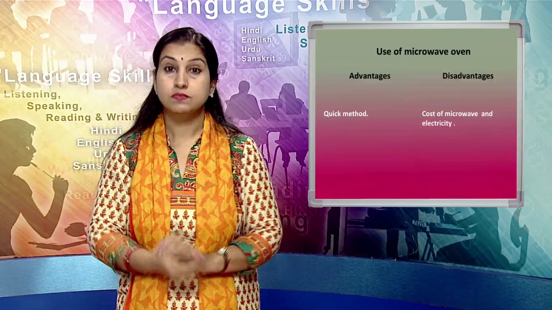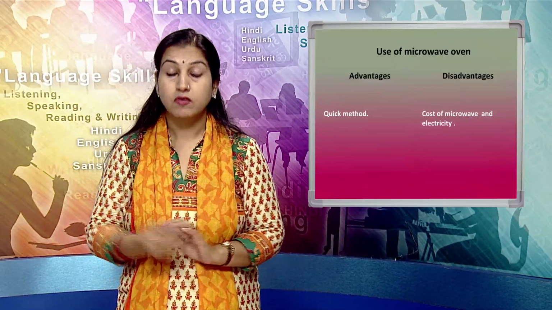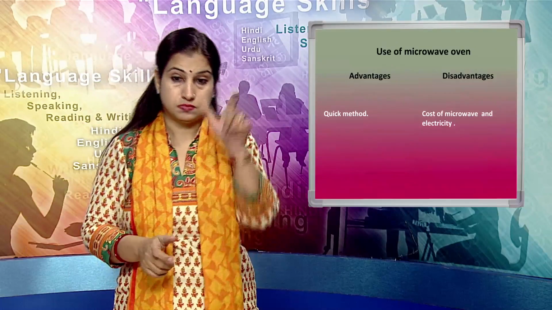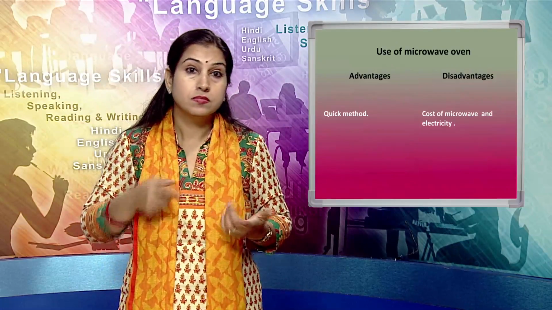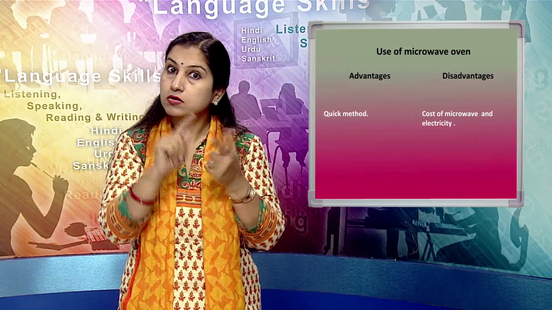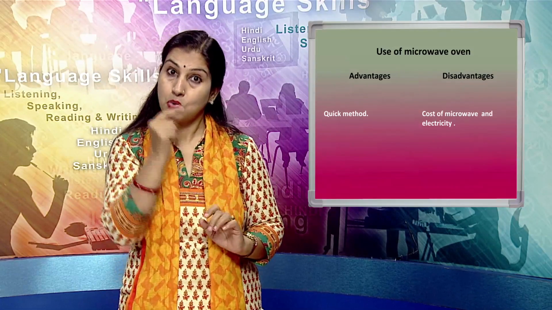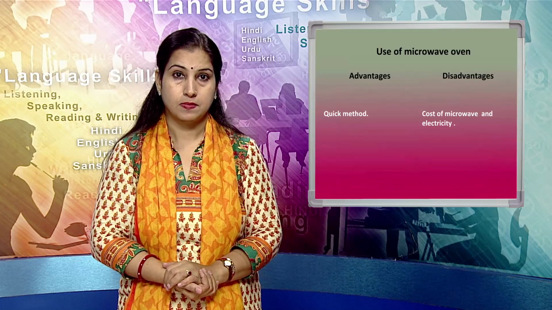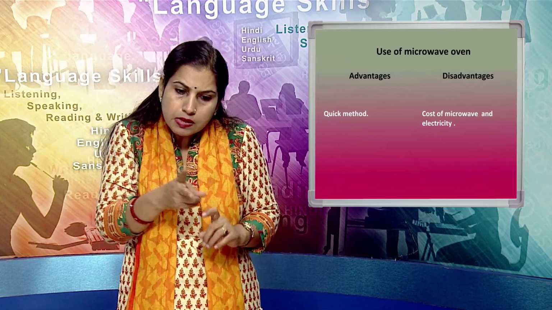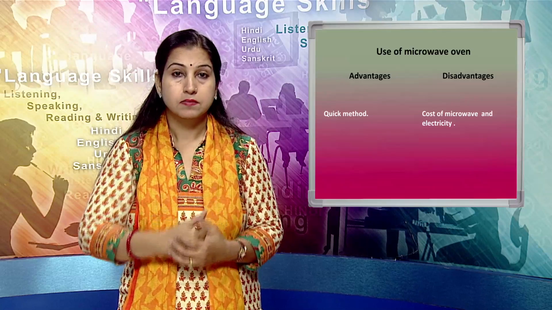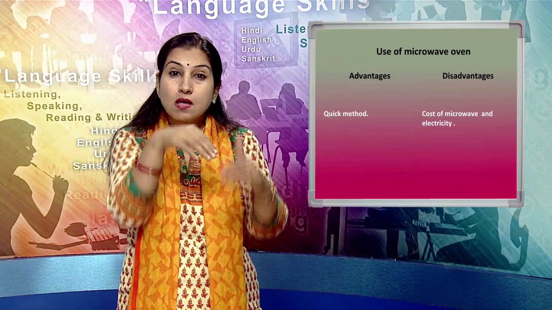Few of the advantages and disadvantages of microwave oven are: the advantage we'll discuss first. It is a quick method. It retains the original color of food. Prevents the loss of nutrients.